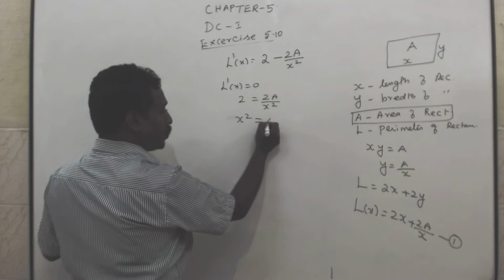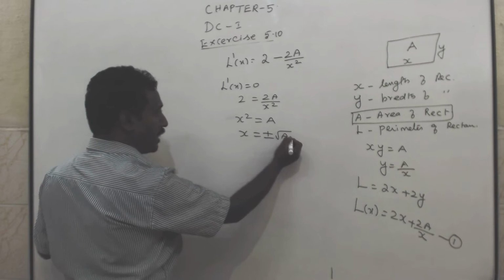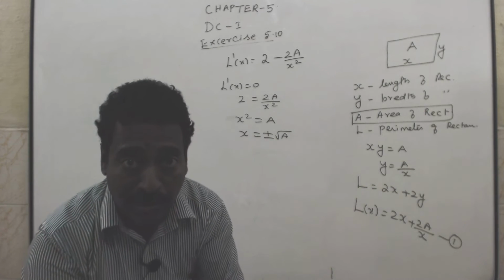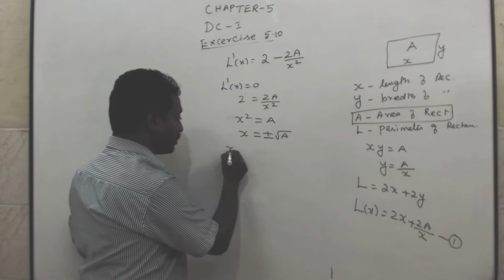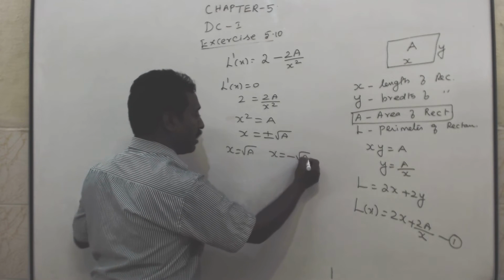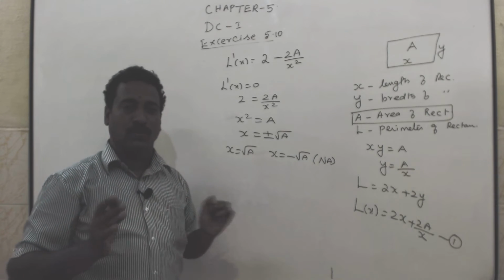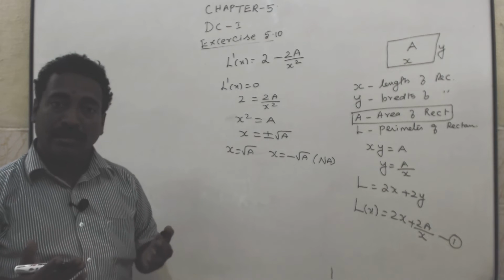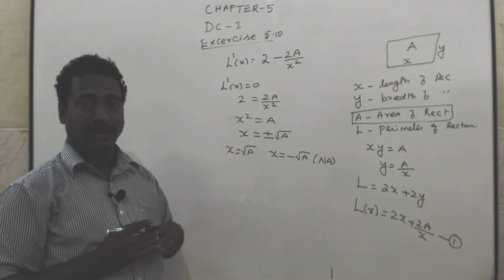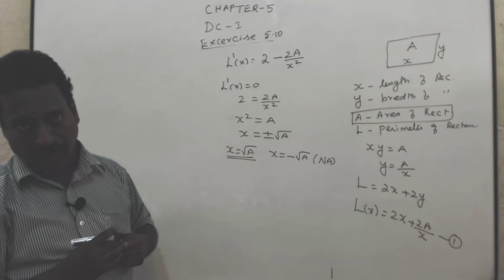X square equal to a. X is equal to plus or minus root a. Length and breadth of a rectangle are always positive. Therefore, x is equal to root a. X equal to minus root a is not admissible, because length can't be negative. If negative, a rectangle cannot exist. So x is equal to root a is a critical number.